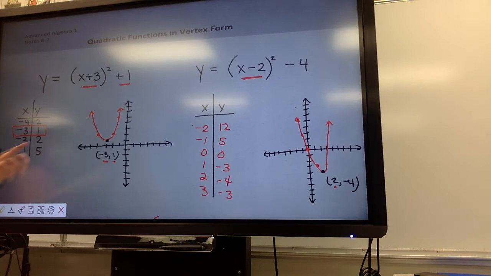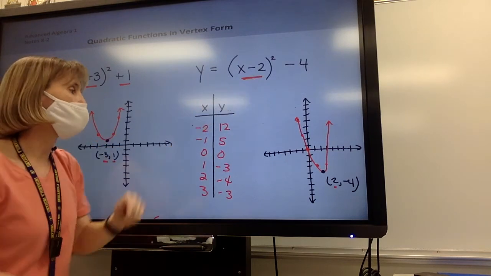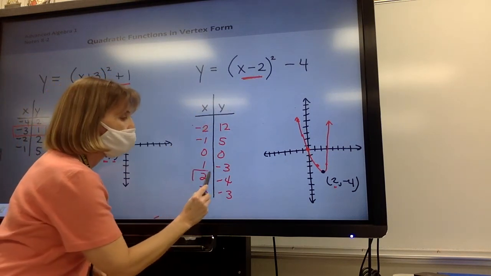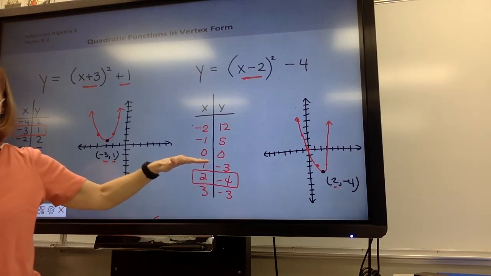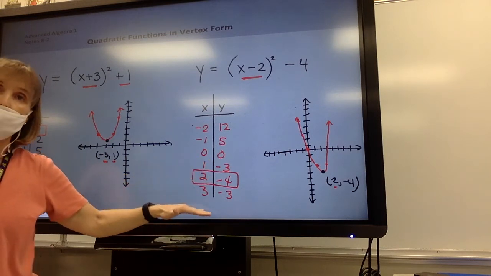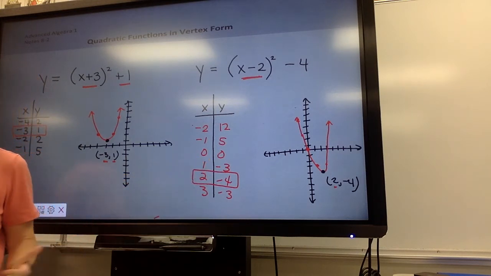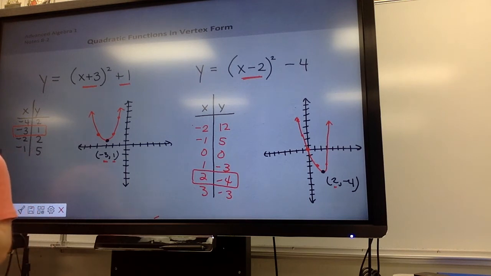Sarah, I think you asked the same question. Knowing where the vertex is located is what helps you decide what x values to plug in.